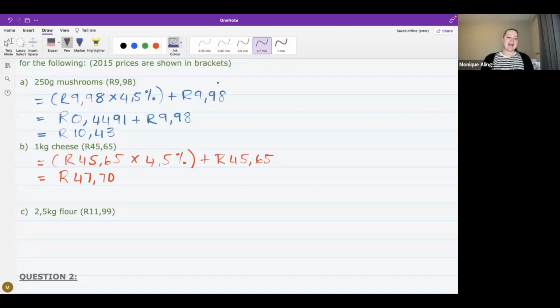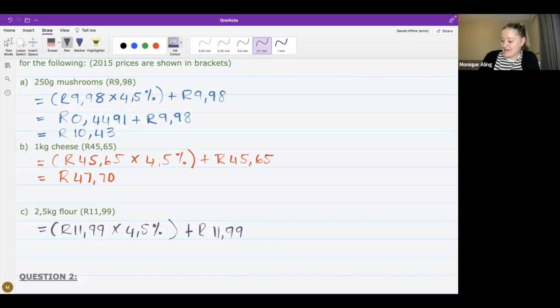Okay, nice. And what is the new price of flour after the inflation impacts? Cool, awesome. 12 Rand 53. Good. So 11 Rand 99 times by 4.5%, add it back to 11 Rand 99, and we get 12 Rand 53.